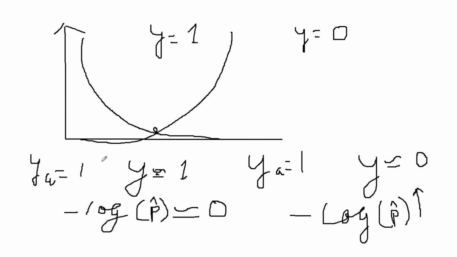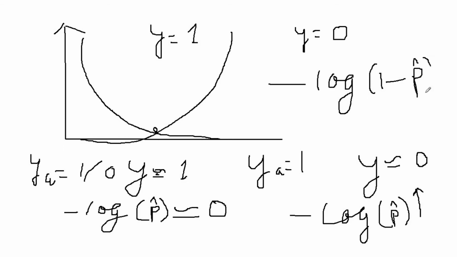Same goes when y actual is 0 and y predicted is somewhere close to 1. That time we'll be using this equation, minus log 1 minus p. That time this value will again shoot up. When y is actually 0 but our predictor is predicting 1, this value will again shoot up.